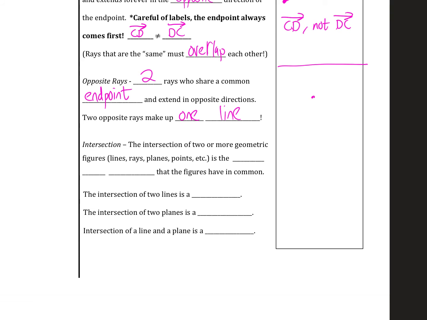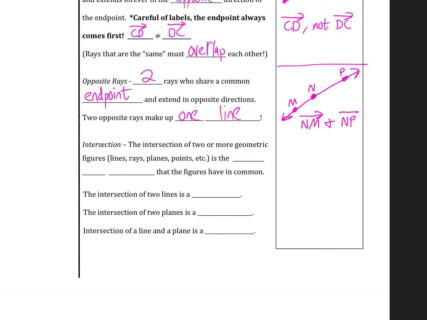If we have an endpoint in the middle here and it goes one direction this way and the other direction this way, we have M, N, and P. Then we have opposite rays NM, and the other one is NP.